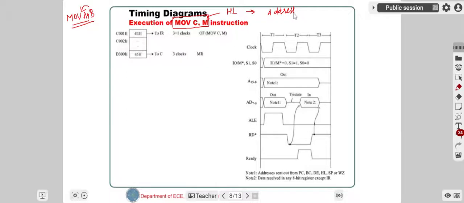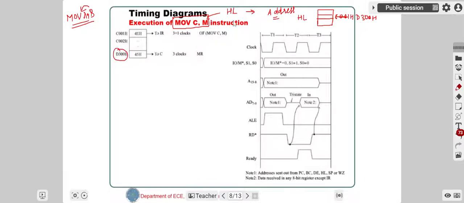What the microprocessor will have to do is approach this address, which is indicated by this HL register pair. So this HL register pair will indicate some address. Let us suppose that address is C001H. Sorry, let us suppose that it is some address D300H, which has been shown here.